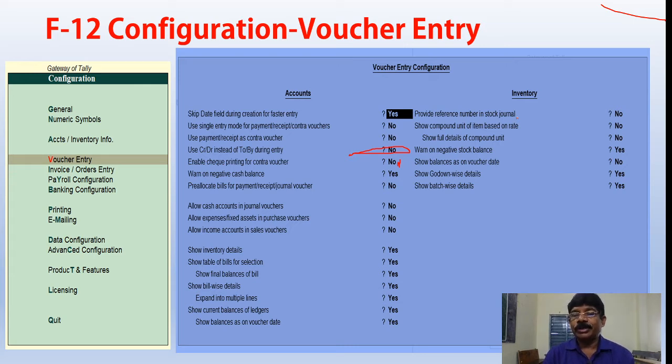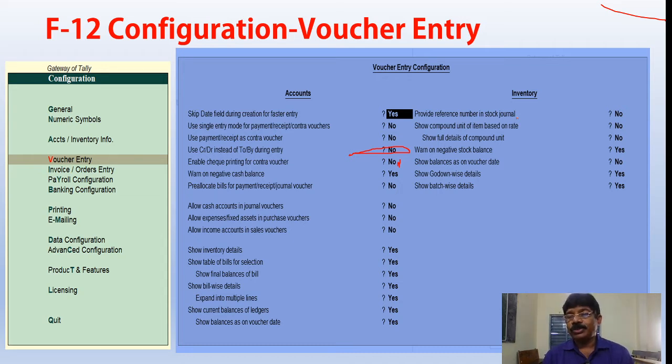Compound unit, in the sense of units of measure, like dozen and number, is shown in the stock item. Negative stock balances: usually there should not be any negative. Whenever my stock balance is 100 units but I am passing the voucher for 150, it will show me that there is a negative stock.